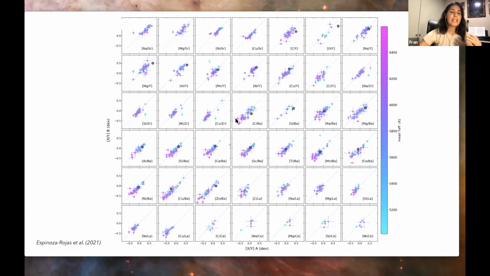So this might explain why we observe a tendency to lower values for the chemical clocks with barium, for example, and also why the clocks span a wider range in abundances in comparison to those that Paula Joffre found in their work. So this tells us that if you want to use chemical clocks to derive stellar ages, you must be careful with the way that these abundances were derived.